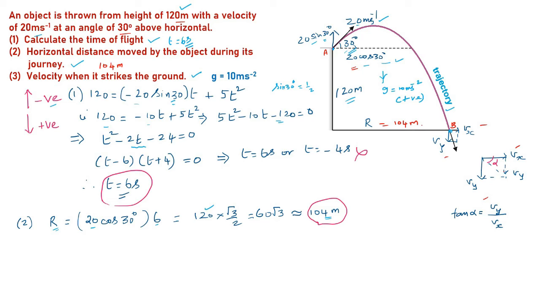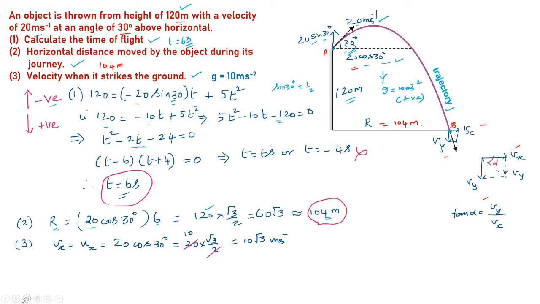Opposite is this Vy, adjacent is this Vx. Okay, proceeding towards the calculation. Vx is equal to Ux. Why? Horizontal component of velocity will not change. So this will be 10 root 3 on simplification.